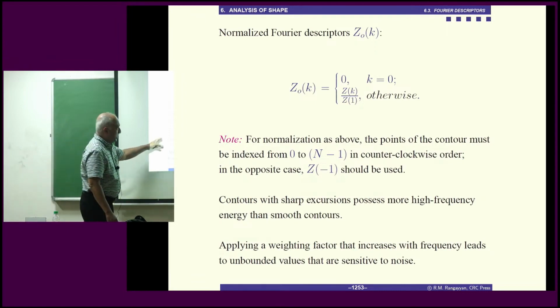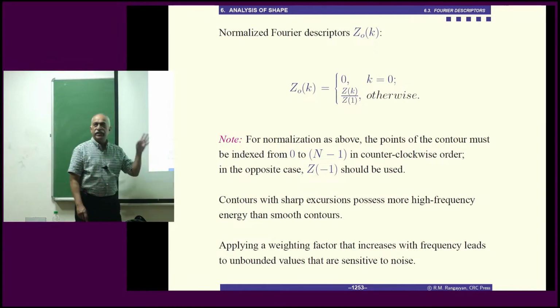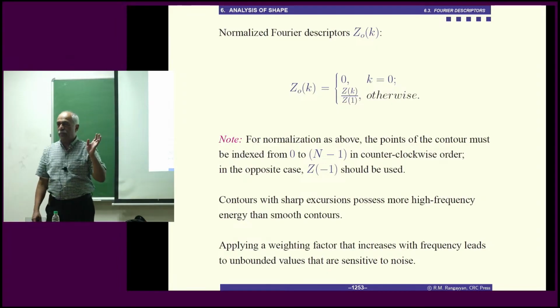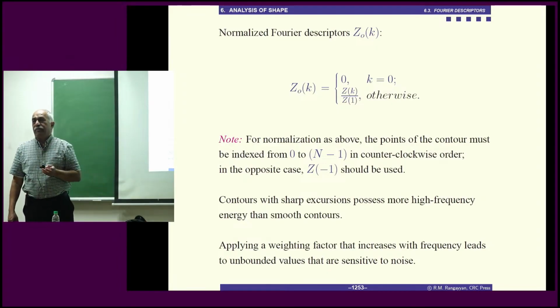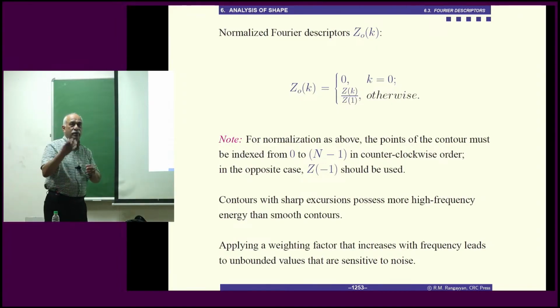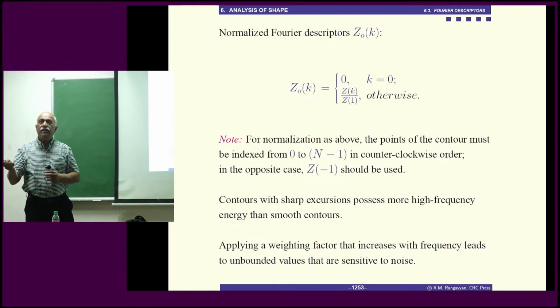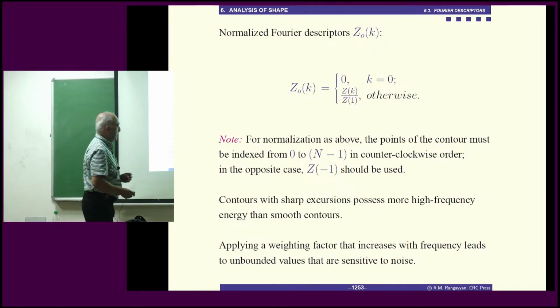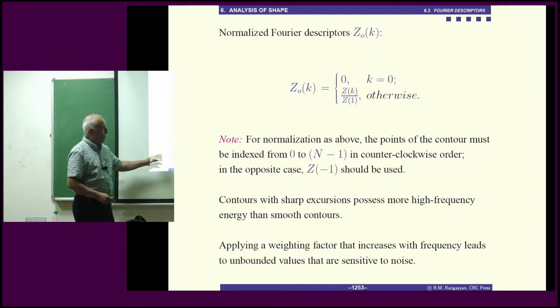Contours with sharp excursions possess more high frequency energy than smooth contours. I showed that. Similar to signals, more rapid variations, more high frequency energy. Applying a weighting factor that increases with frequency leads to unbounded values.